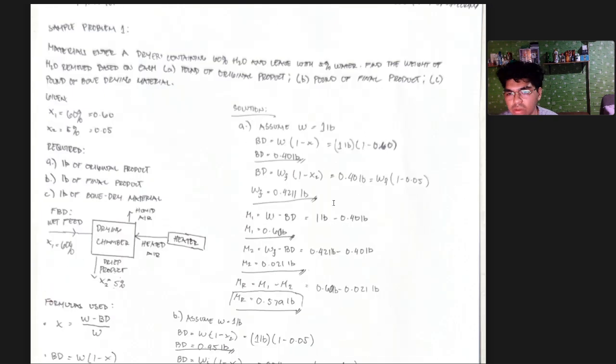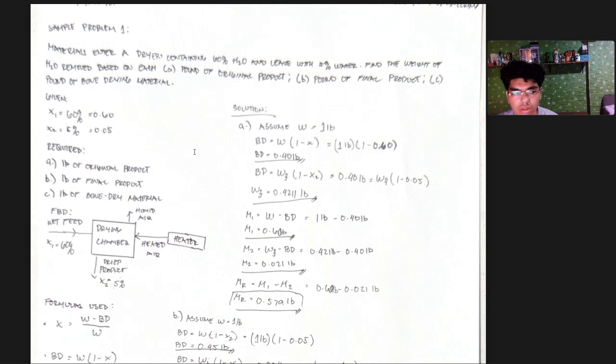Next, BD is equal to W times 1 minus X. Moisture is equal to W minus BD, and moisture removed is equal to initial moisture minus final moisture. So for the solution, we will start with letter A.